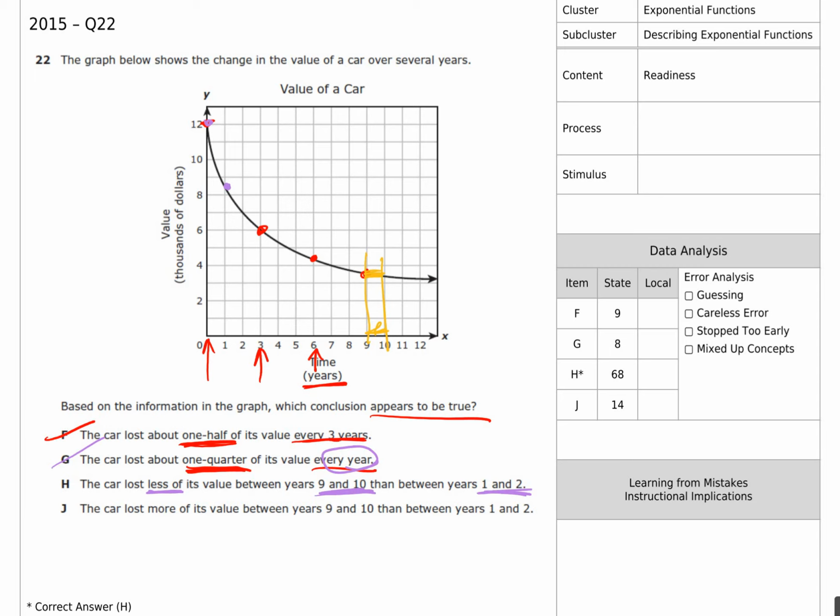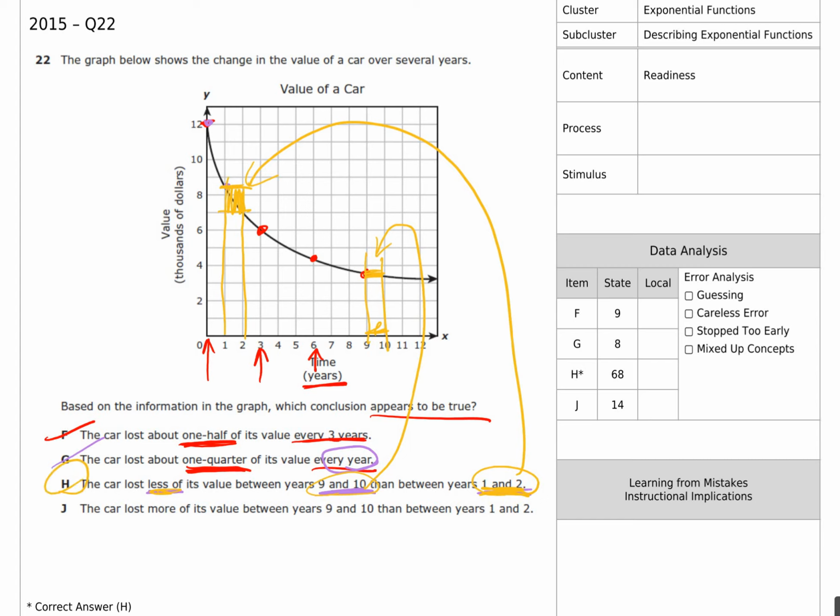That's not even one whole amount. And then we're comparing that between years 1 and 2. Here's 1 and 2. Well, how much did it lose there? You see it lost more. So this is saying the car lost less between 9 and 10. That's over here, that small amount, than between years 1 and 2 over here, the bigger amount.